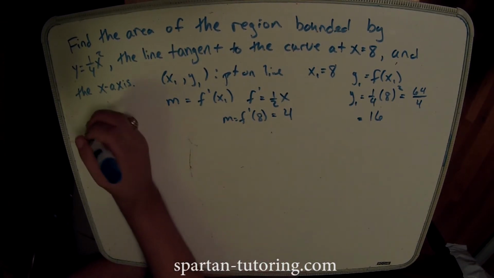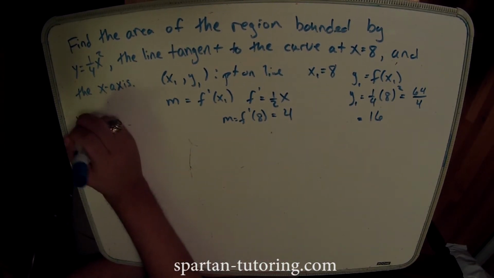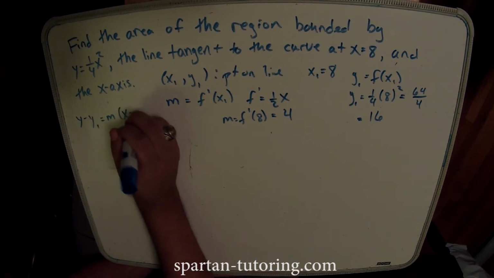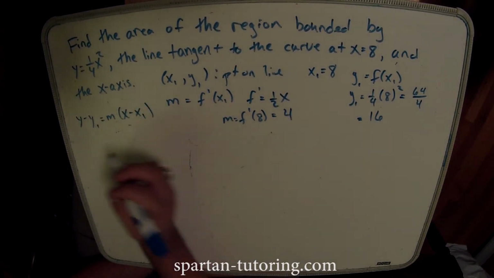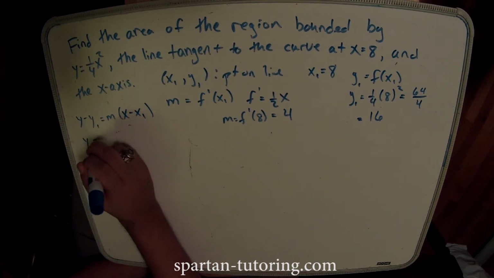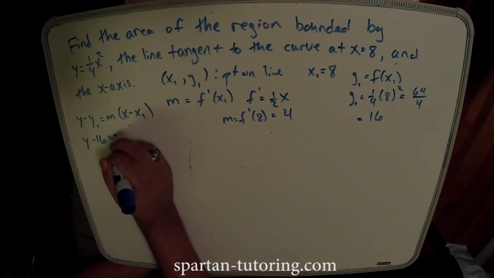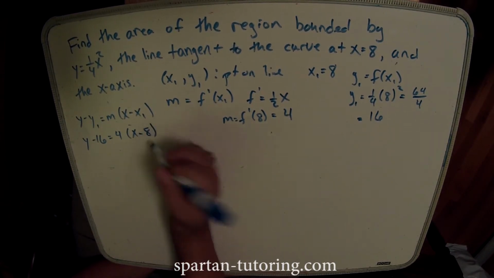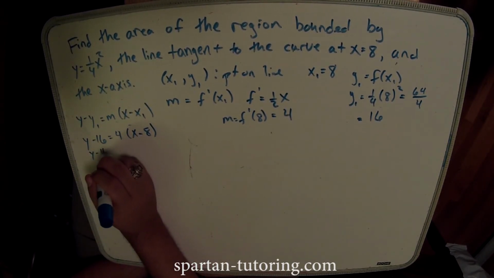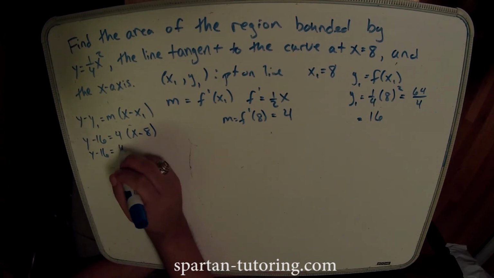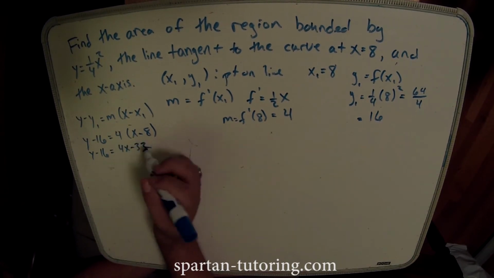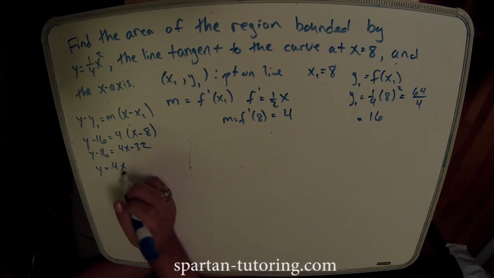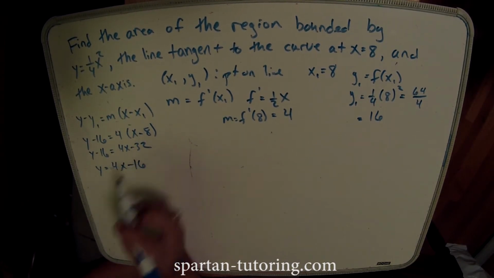As a reminder, point slope form is y minus y1 is equal to m times x minus x1. So I have y minus 16 is equal to 4 times x minus 8. y minus 16 is equal to 4x minus 32. So that tells us our second curve, y is equal to 4x minus 16.